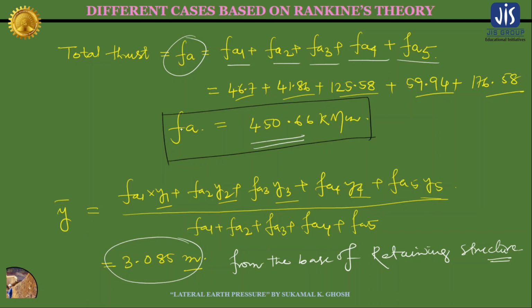This Fa acts at a depth of y bar, given by Fa1 into y1 plus Fa2 into y2 plus Fa3 into y3 plus Fa4 into y4 plus Fa5 into y5, divided by the total thrust. If you put in all the values, you will have y bar equals 3.085 meter.